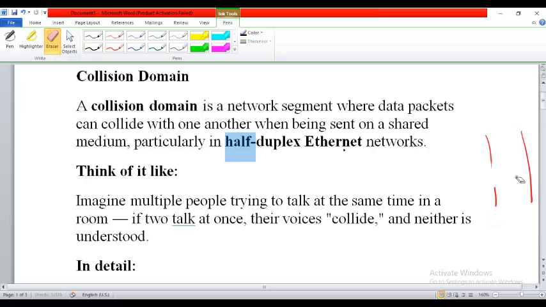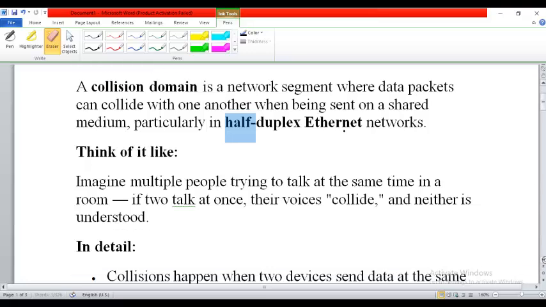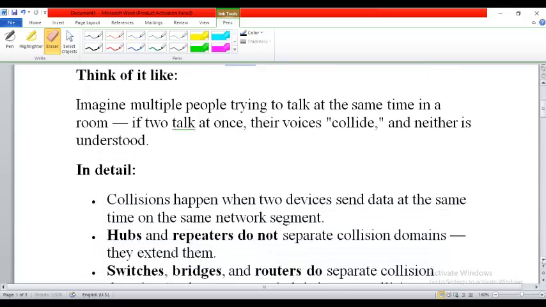Now, collision happens when two devices send data at the same time on the same network segment. This is an important word. Now we are getting into the technical side of collision domain, the network perspective. Collision happens when two devices send data at the same time on the same network. Let's take a switch. A switch is a layer 2 device.